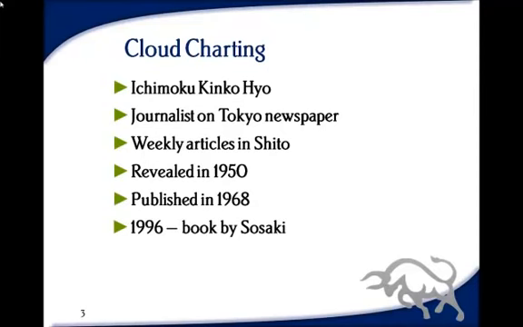But even then it wasn't popularized until 1996. The most famous book in Japan about the Ichimoku technique is Susaiko, by Sosaki, translated variously as study of Ichimoku balance chart, or, I believe the initial translation maybe was table of equilibrium at a glance.